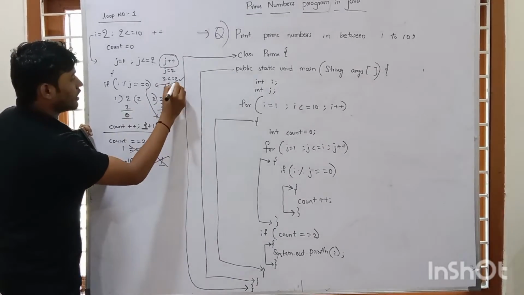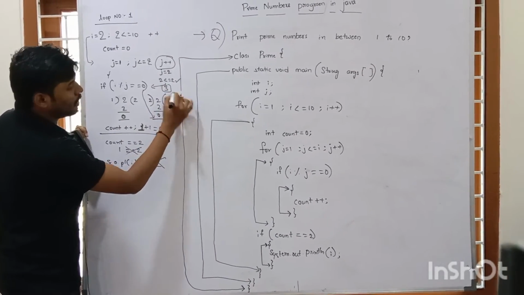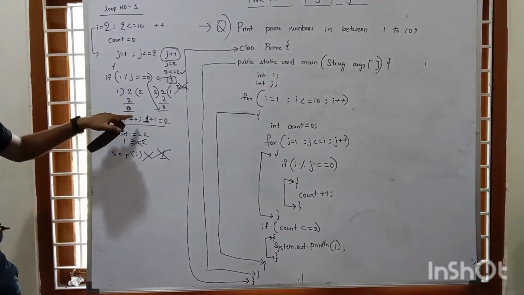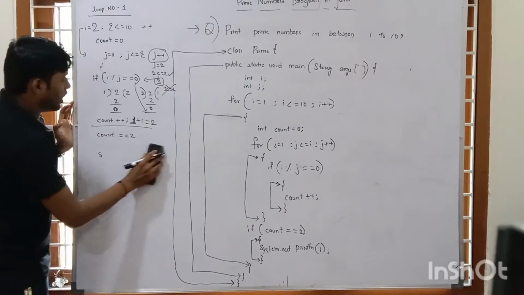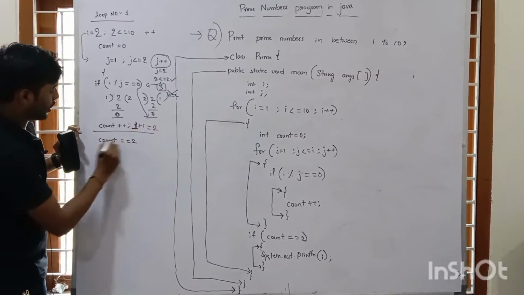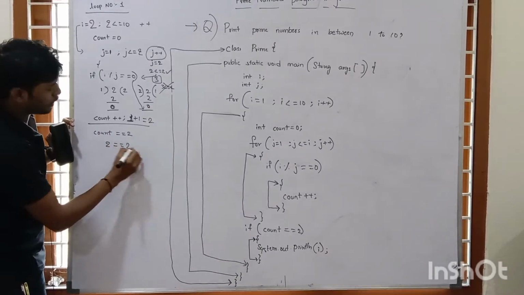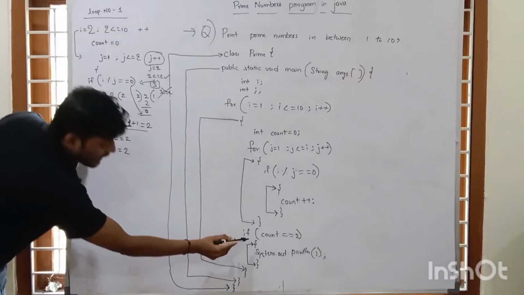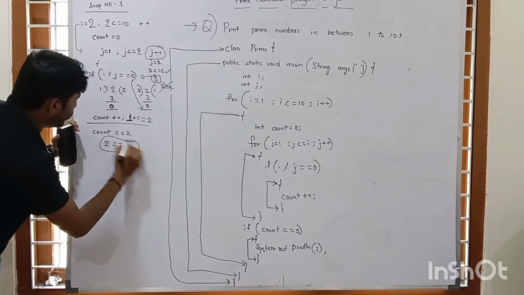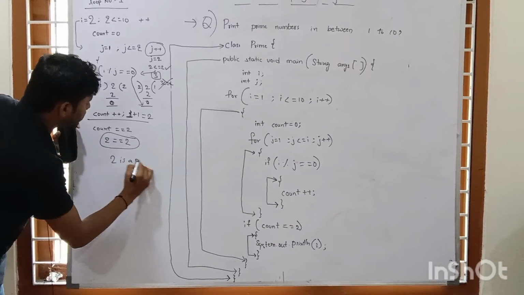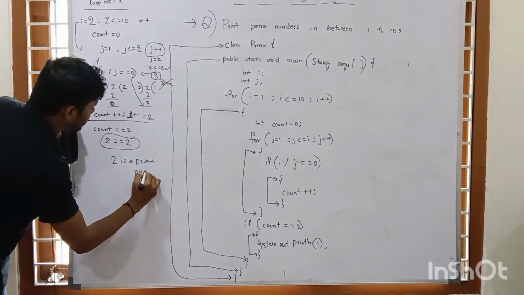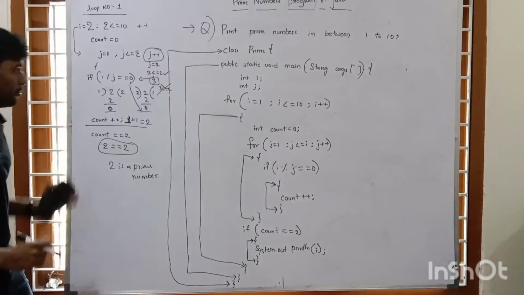Now 3 is less than or equal to 2. Condition is not satisfied. Now what is the count value? Count value became 2. Now count 2 equal to 2. So here the condition is satisfied. So 2 is a prime number.